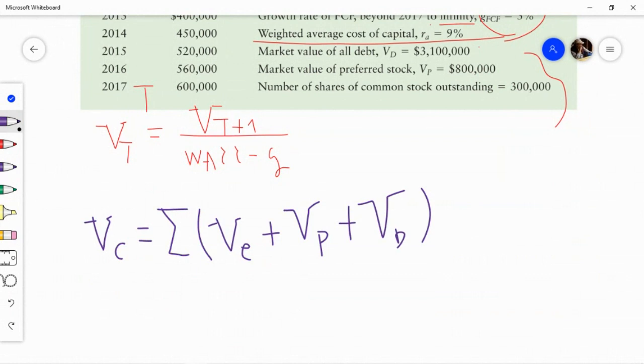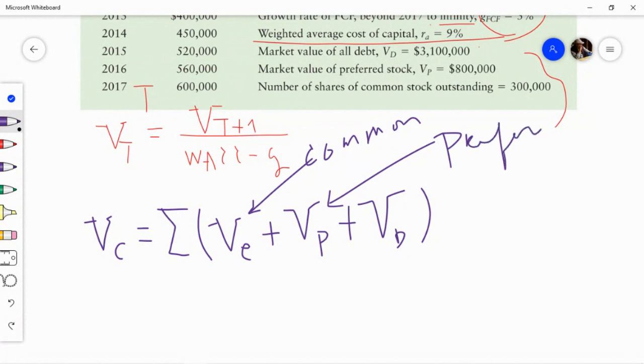Normally, think about it. When we say stock, so far we didn't distinguish between common stock and preferred stock, but stocks fall into two categories. I already talked about the preferred stock. We all know, it's nothing new. The market value of the preferred stock is given.